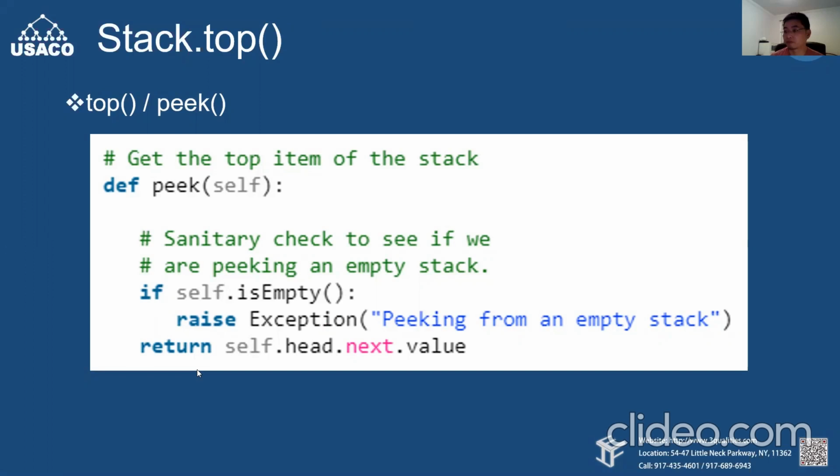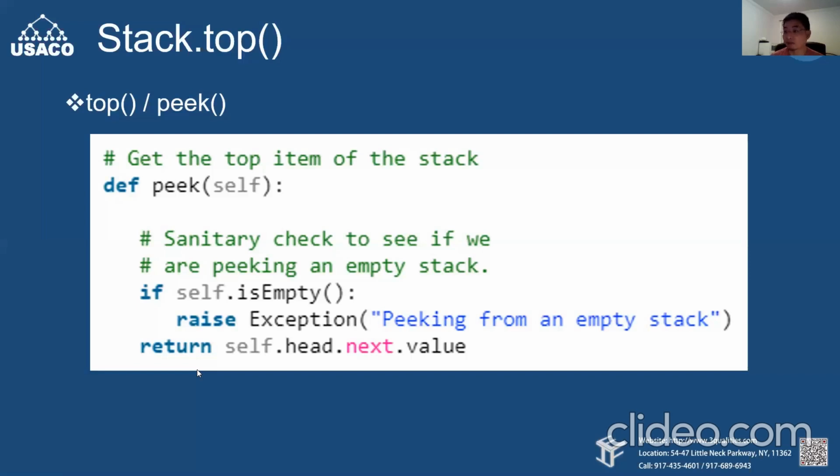If the stack is empty, it'll raise the exception. If it's not empty, then it'll return the next value of the head. Okay, remember, we first do the check. Check what? Check the stack is empty or not. Because if the stack is empty, then peeking is nothing, right?